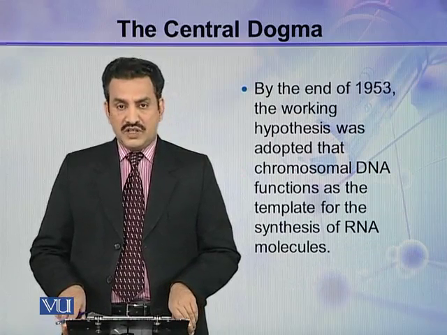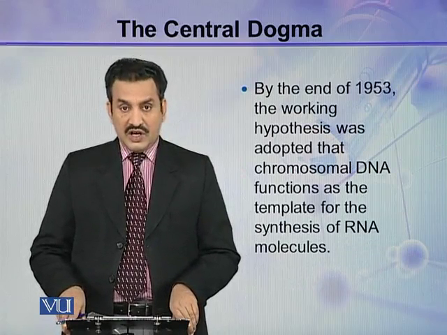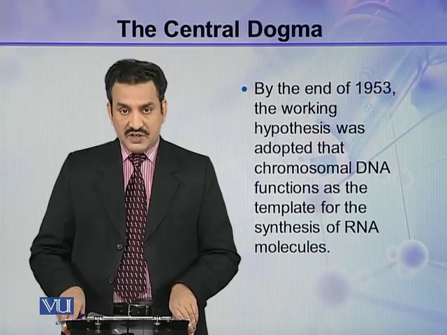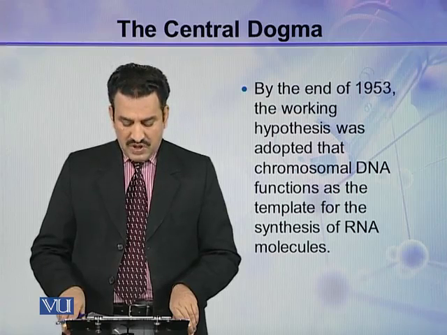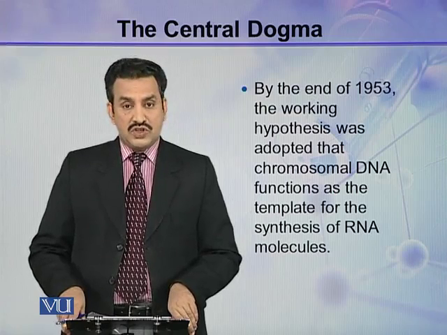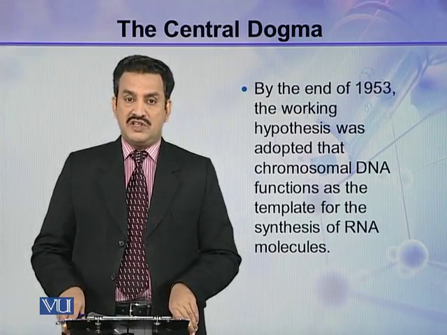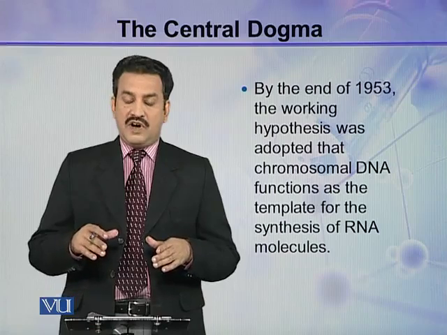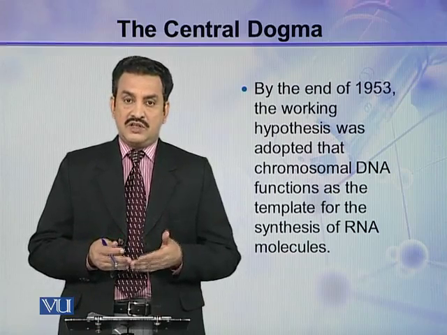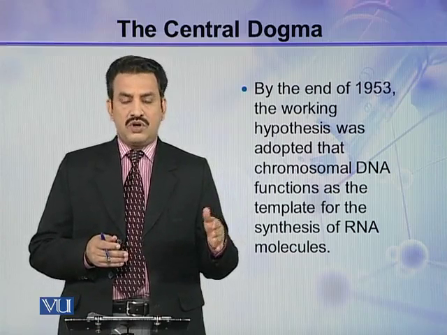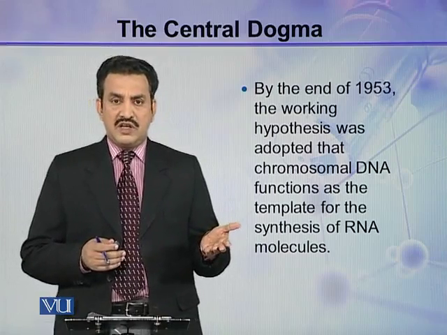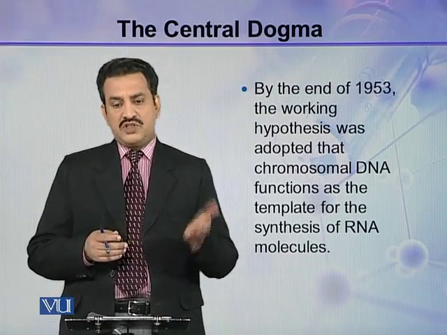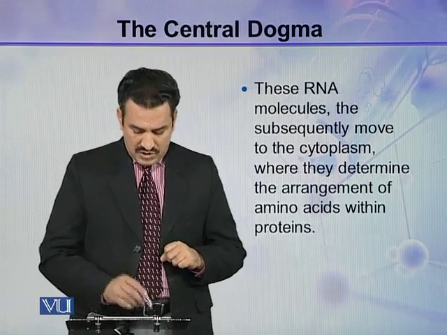By the end of 1953, the working hypothesis was adopted that the chromosomal DNA functions as the template for the synthesis of RNA molecules in the cells. So if RNA is present in the cell, the DNA in the nucleus, the chromosomal DNA, will act as the template for the synthesis of these RNA molecules.